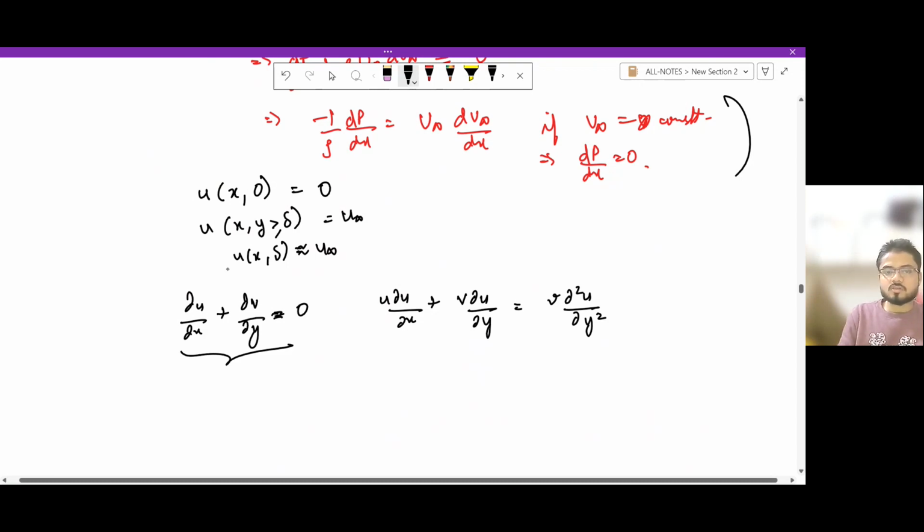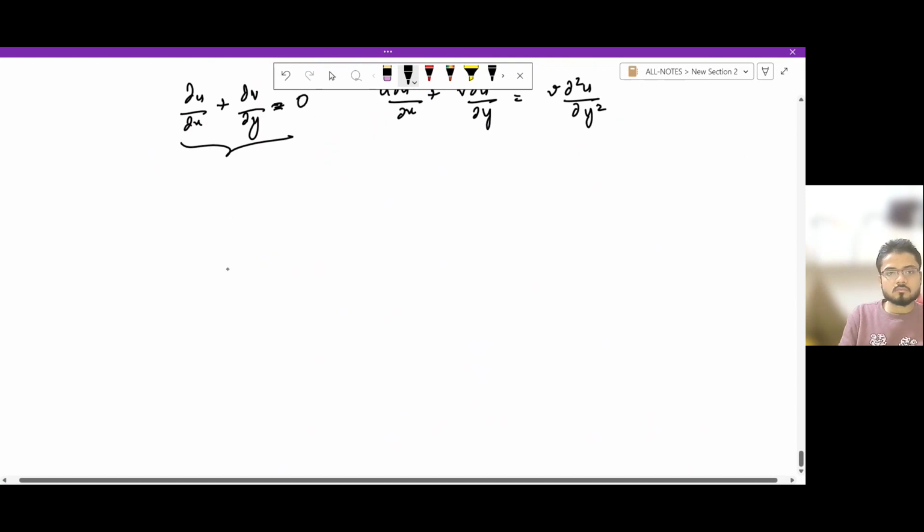Now, from this equation, you could always do something like ∂u/∂x times dy plus ∂v/∂y times dy, integrated with respect to y within the boundary layer.